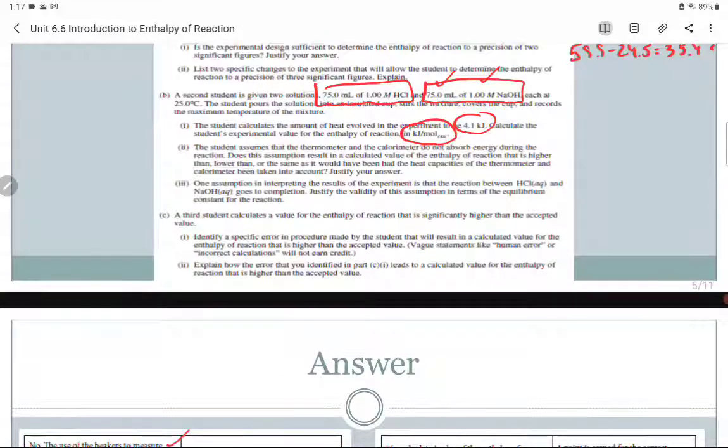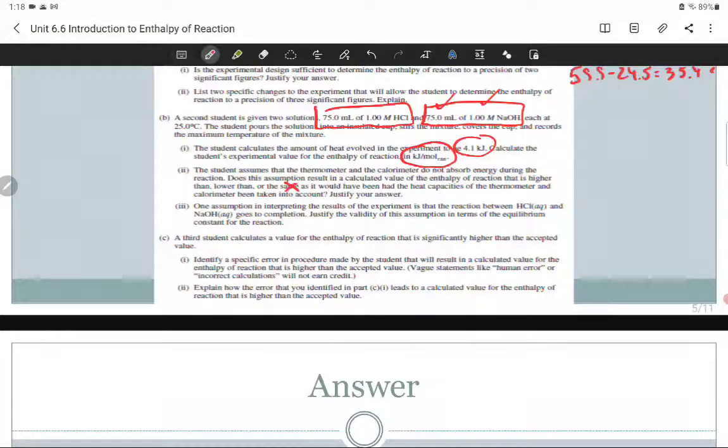Part 2, student assumes that the thermometer and the calorimeter do not absorb energy. Well, we know that that's not true. The thermometer and calorimeter do absorb energy. Does this assumption result in a calculated value of the enthalpy of reaction that is higher, lower, or the same? Well, I'm almost positive it's not going to be the same.